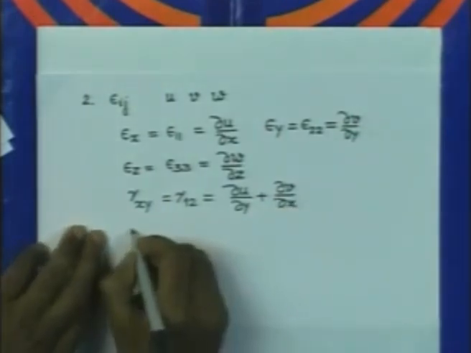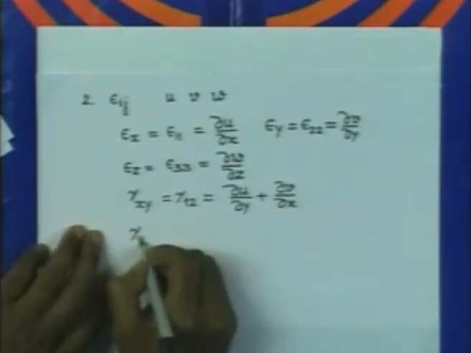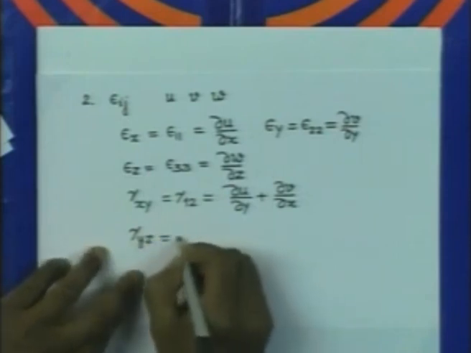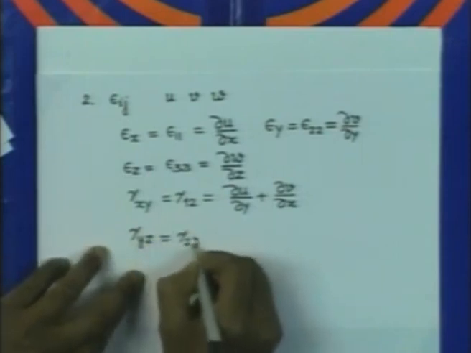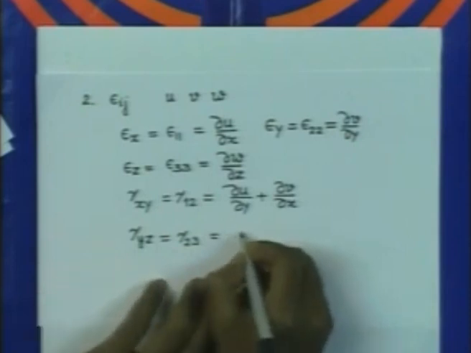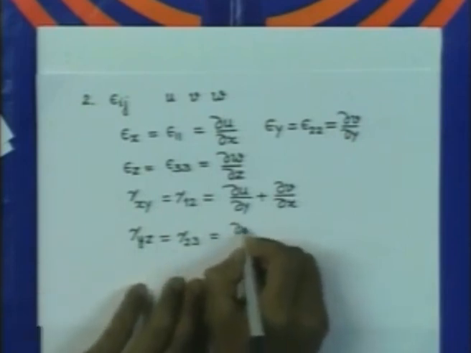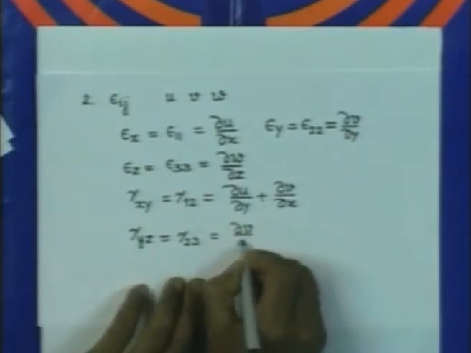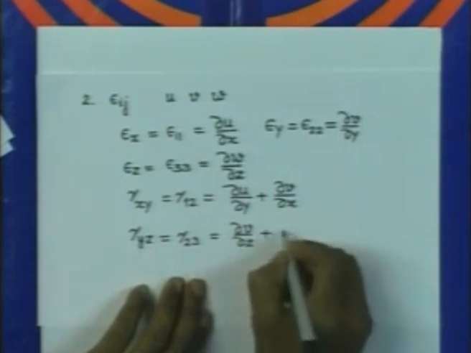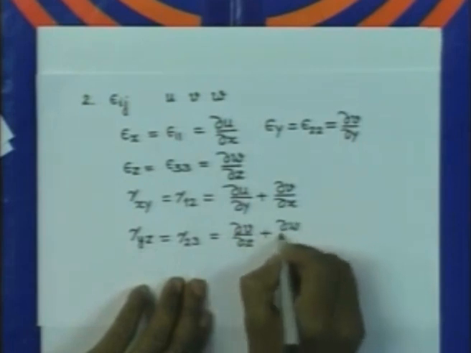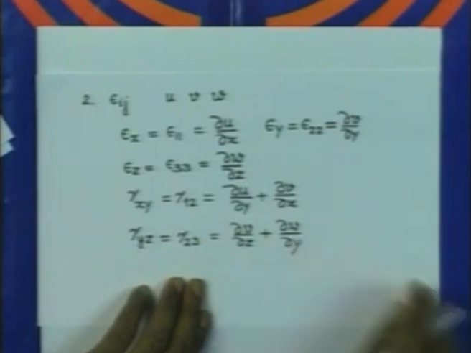Similarly, gamma yz is equal to gamma 23, which is nothing but delta v delta z plus delta w delta y.